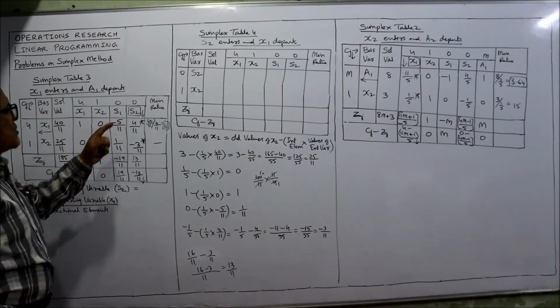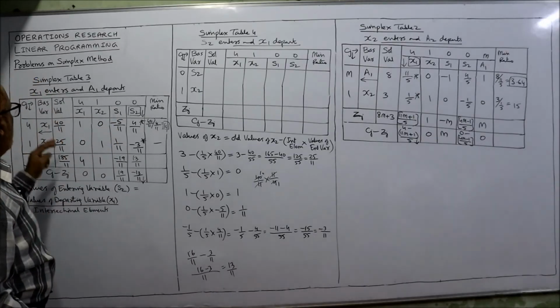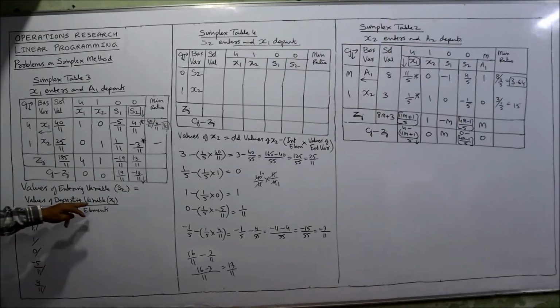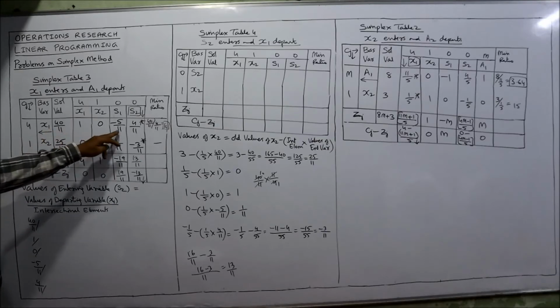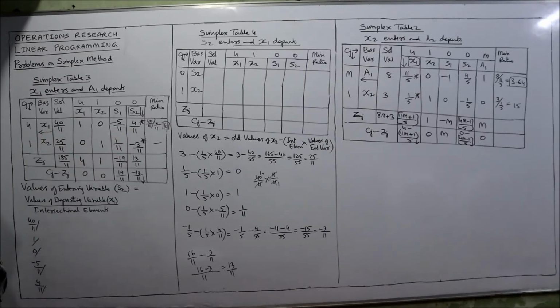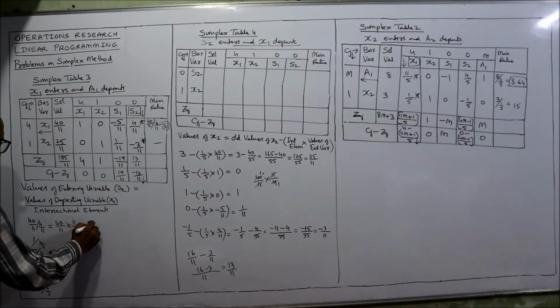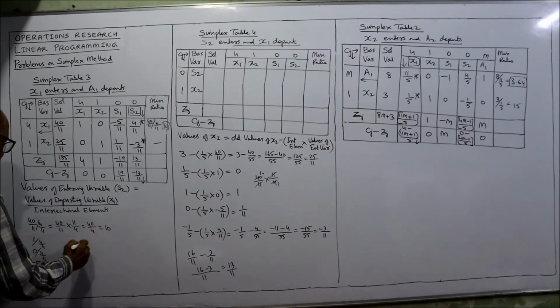See here, when S2 is entering and X1 is departing, we divide by the intersectional element of X1. The intersectional element is 4 by 11, so divided by 4 by 11. Now carefully, 40 by 11 into 11 by 4 comes to 40 by 4, which is 10.